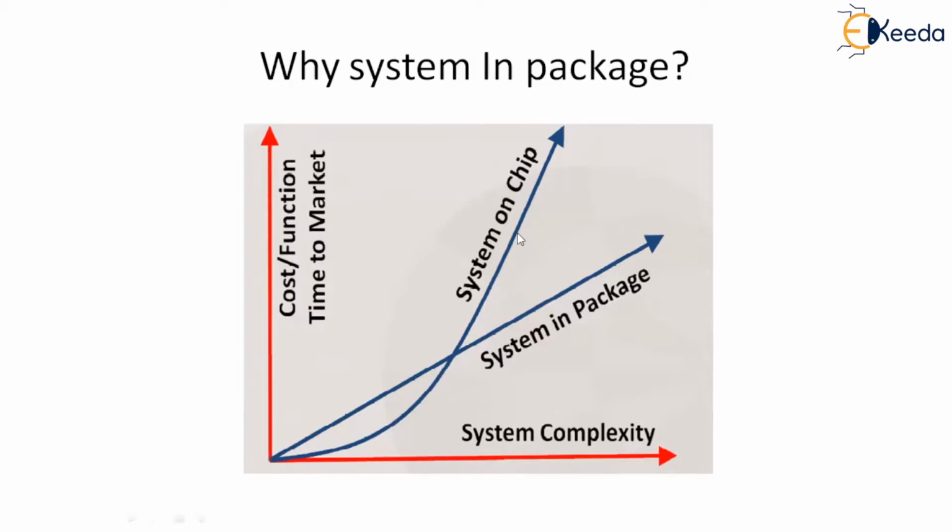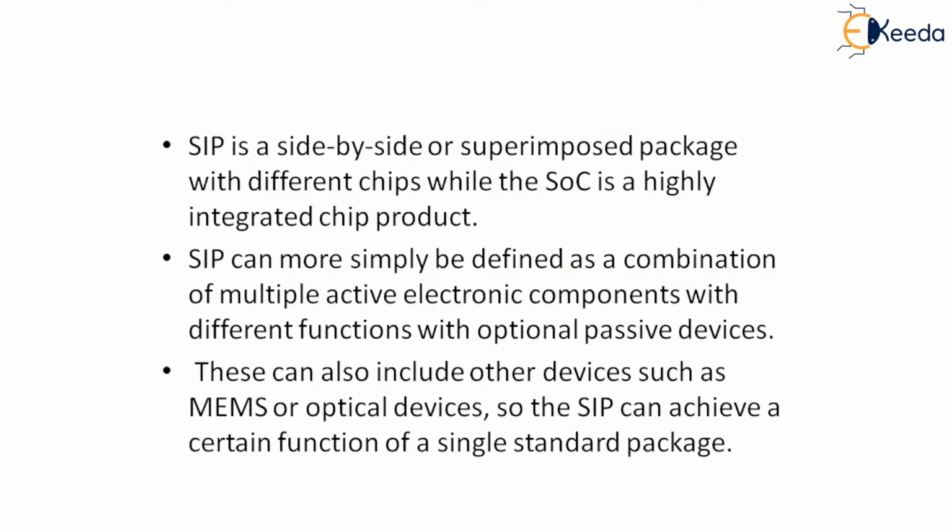This is a side by side, or superimposed, package with different chips, while system on chip is a highly integrated chip product. The system in package can more simply be defined as a combination of multiple active electronic components having different functions, with optional passive devices.